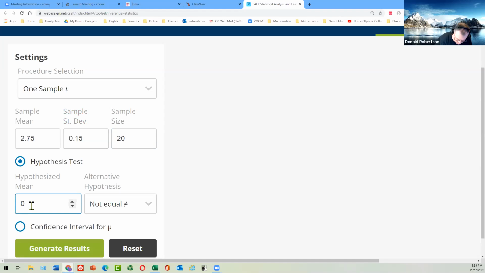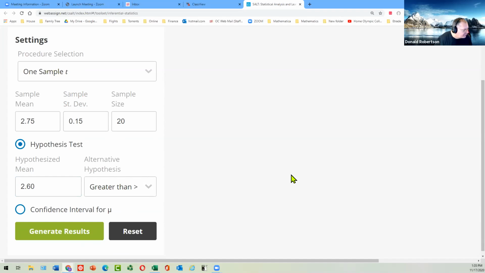I want to know if this is evidence that it's greater than 260. So you see, that's what the filled in table looks like, right? Sample mean, standard deviation, how many numbers, bigger than 260.